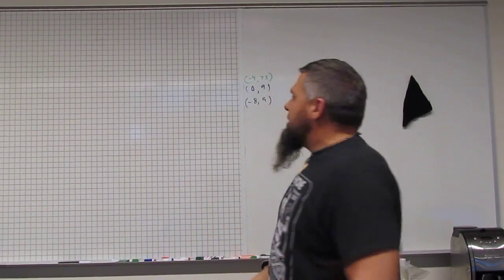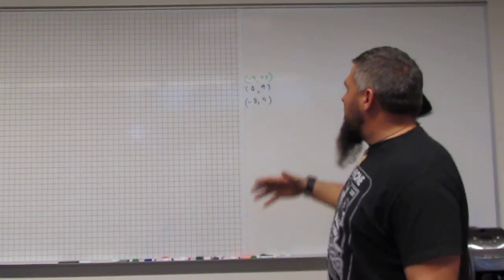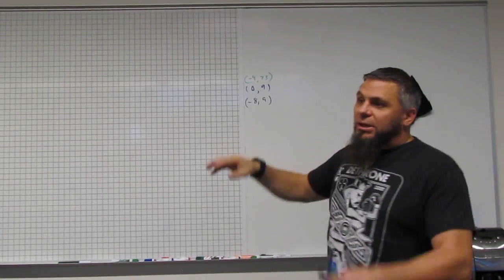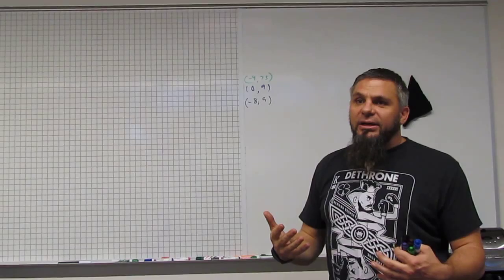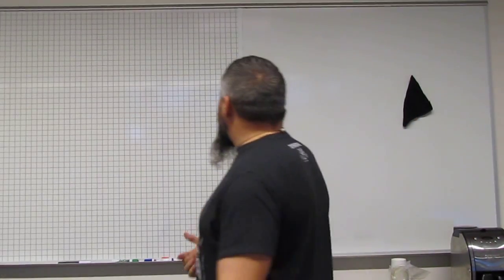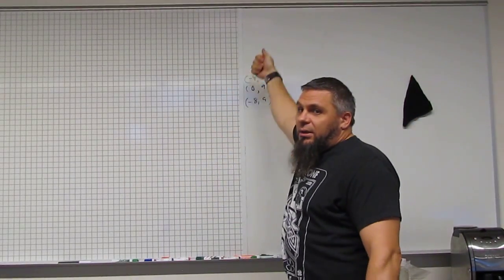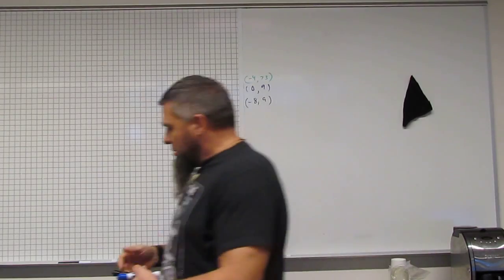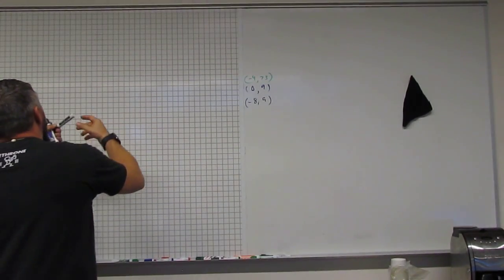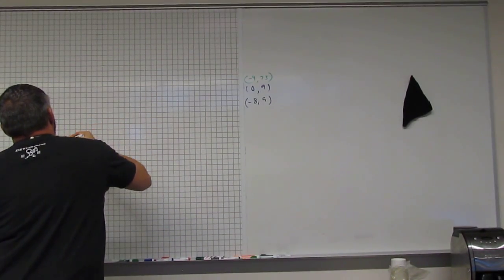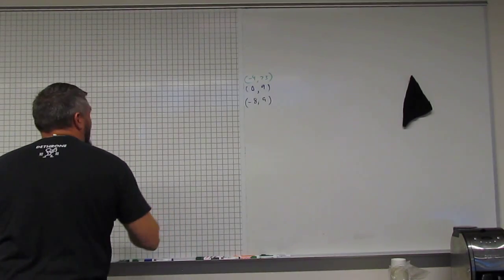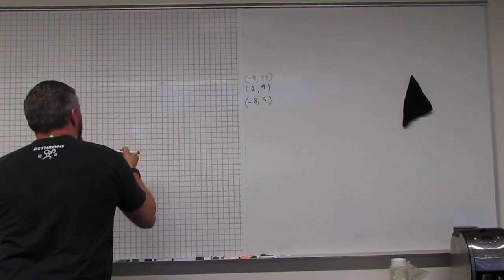Now we're going to plug these in, but we need to change how we're looking at our graph. You can go by tens on the y, so going up and down by tens. Let's go with red as our vertex.